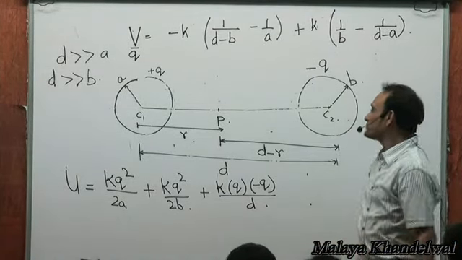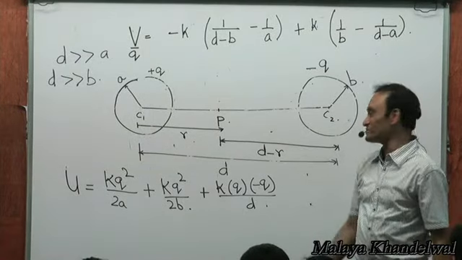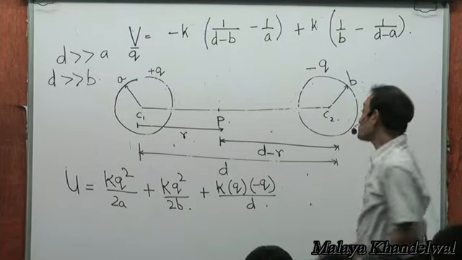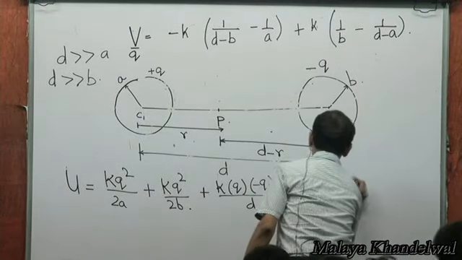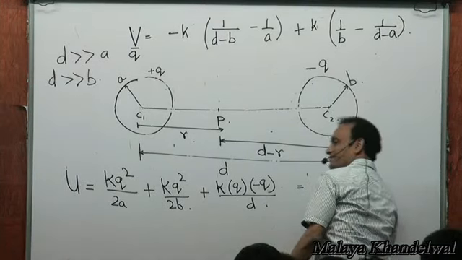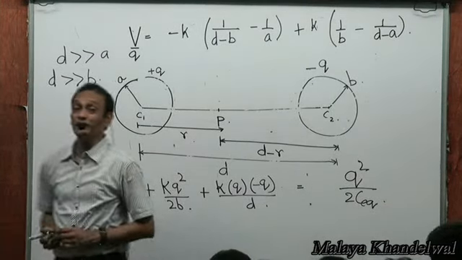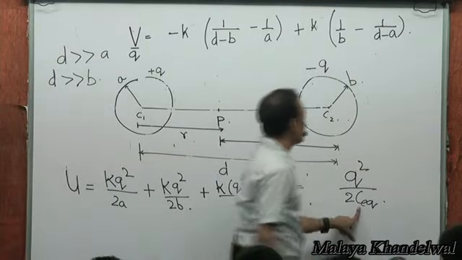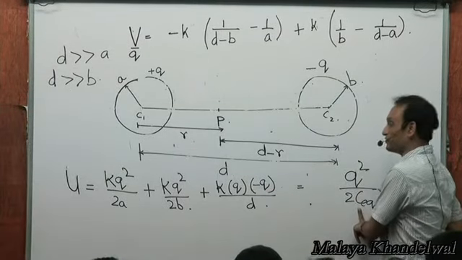Now, if C is the capacitance of this arrangement, then the total potential energy should be q squared divided by 2c. There you go. Q squared would get cancelled and you can calculate 1 by C equivalent.